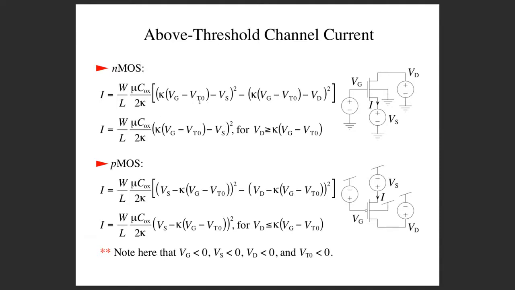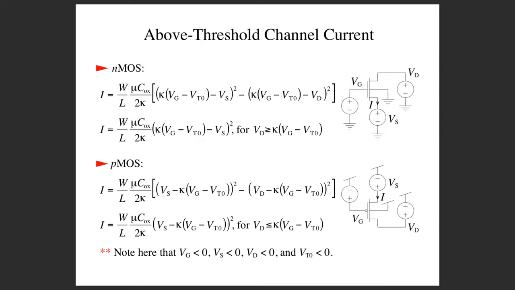There's basically an if statement here that says this is assuming that this quantity in parentheses here is greater than 0. So this is the expression for the current through an NMOS transistor. This is an expression for the current through a PMOS transistor with the gate, source, and drain voltages coming down from VDD. These would be negative numbers here.